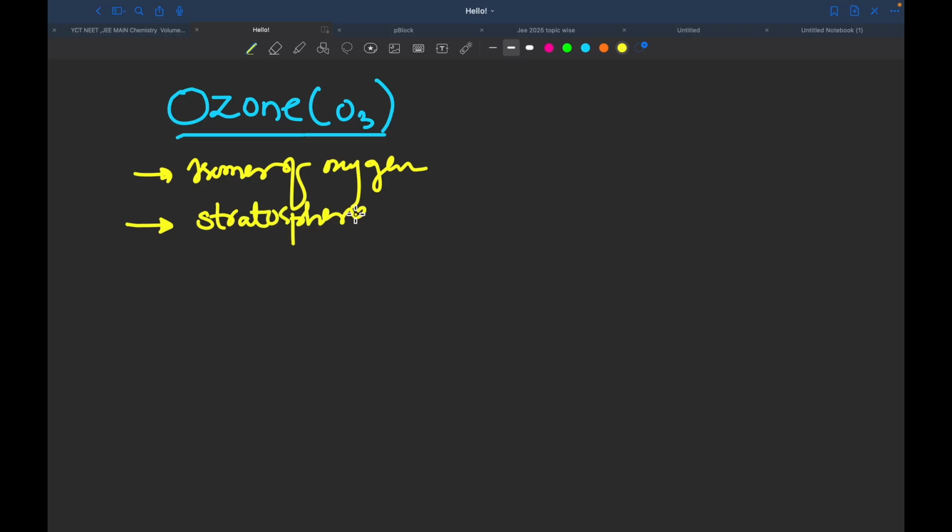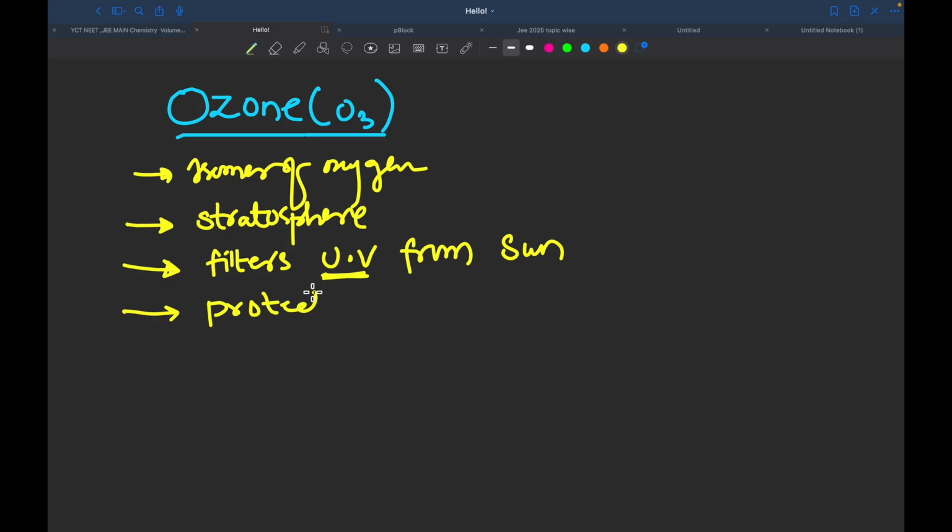The stratosphere contains this ozone layer, and this ozone layer filters ultraviolet rays from the sun, which gives the major support to the living organisms on the earth from the UV rays. So we are protected by this ozone layer from UV rays.